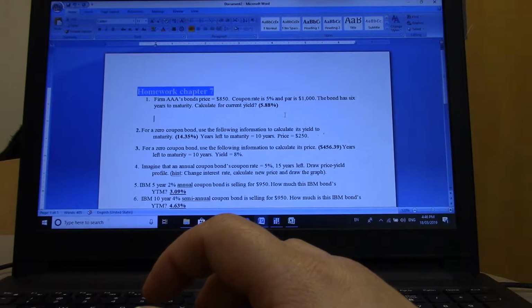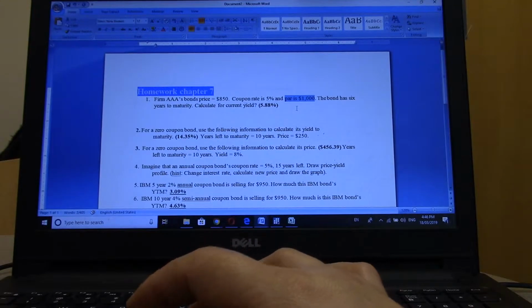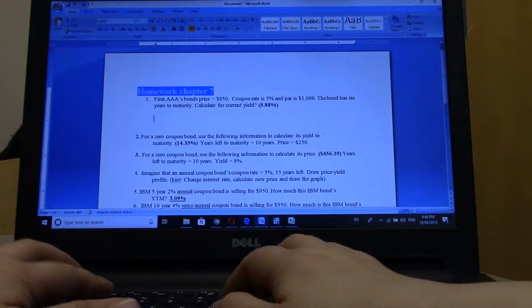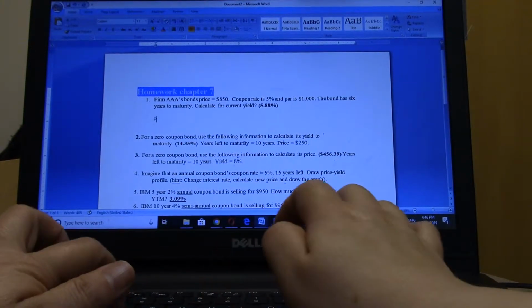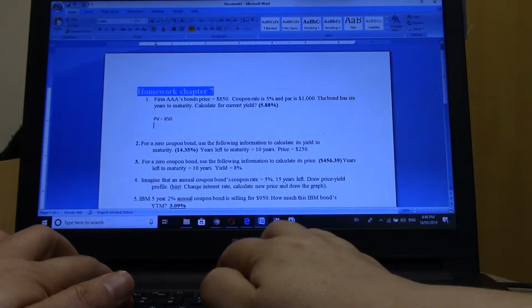The firm AAA's bond price is $850. Coupon rate is 5%. Par value is $1,000. The bond has 6 years to mature. So when you read this question, bond price is known. Price is PV. It is known, 850.